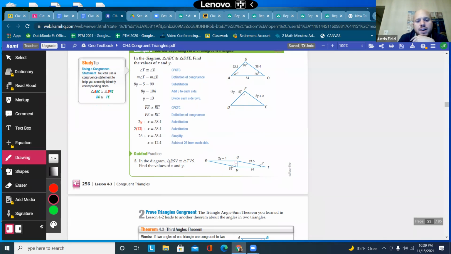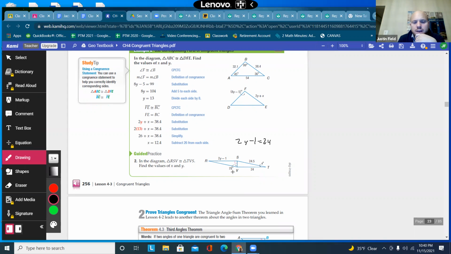Okay, in the diagram, triangle RSV is congruent to triangle TVS. Find the values of x and y. All right, so then we know RS is congruent to TV. And so we could write that 2y minus 1 equals 24.